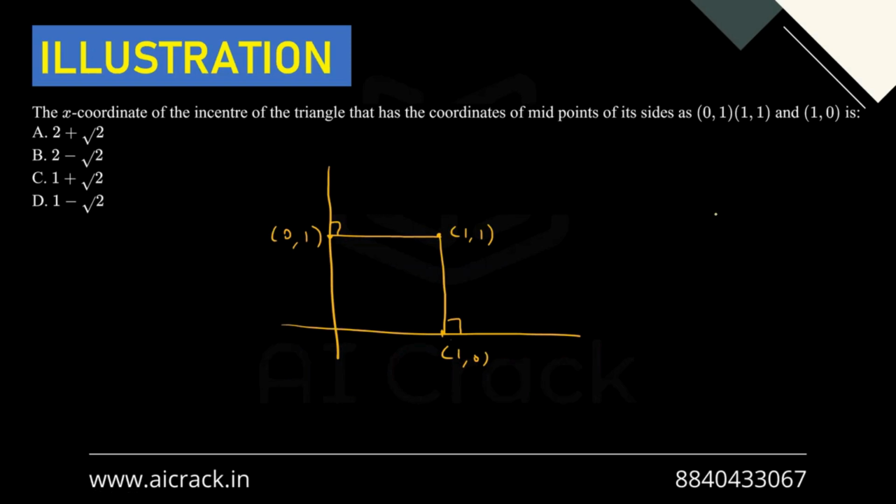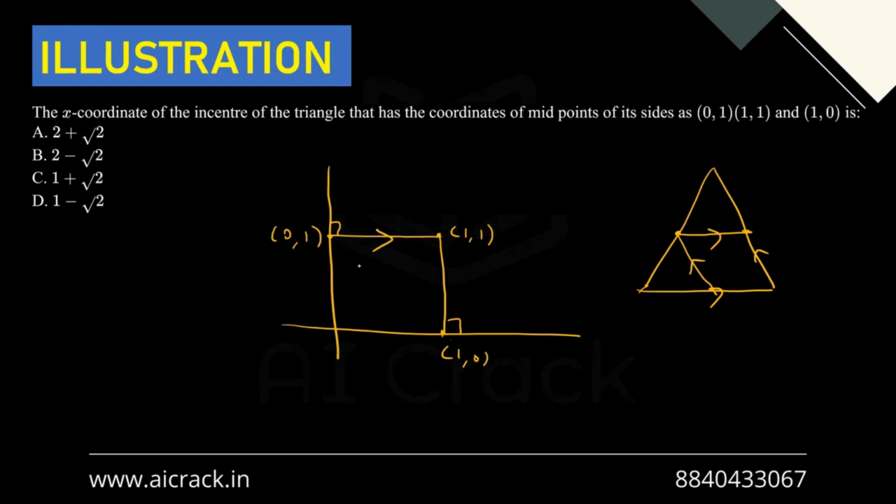Now we know that in a triangle, with the help of the midpoint theorem, if this is the midpoint and this is the midpoint, and I join them, then this becomes parallel to the base, right? So if I join every pair of midpoints, each joining line becomes parallel to the corresponding side. Similarly over here, these all are the midpoints.